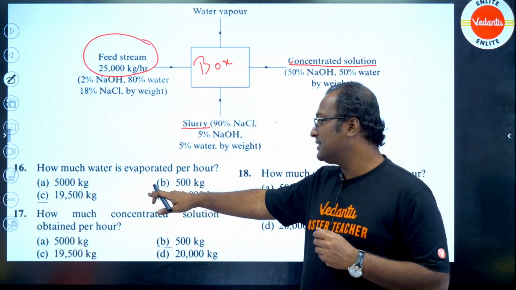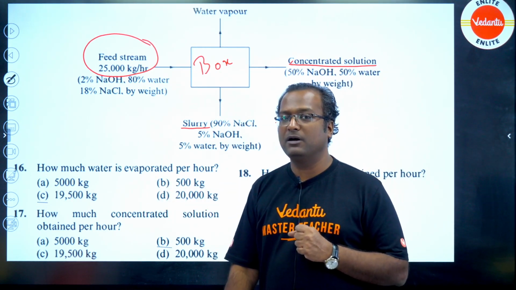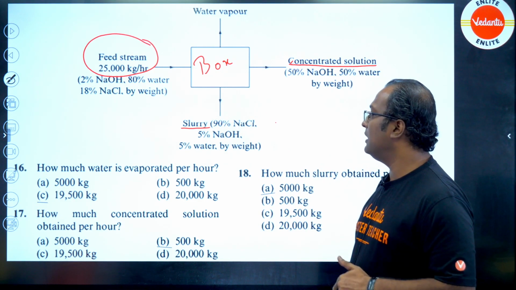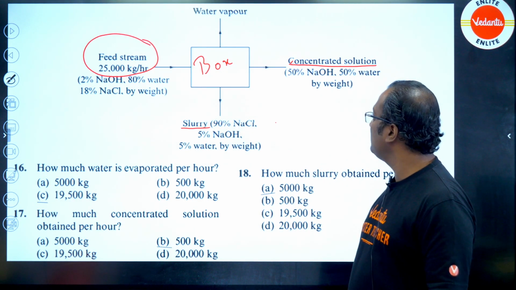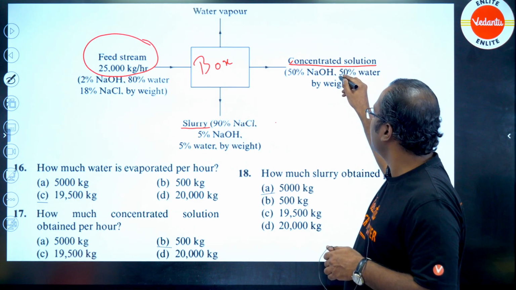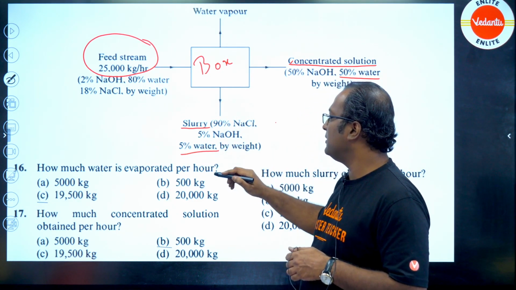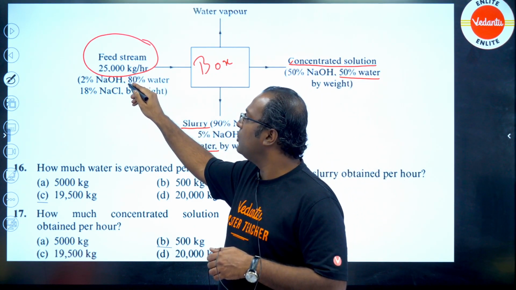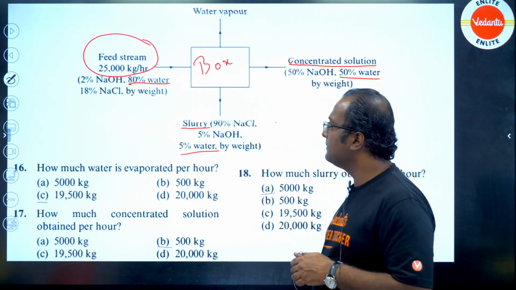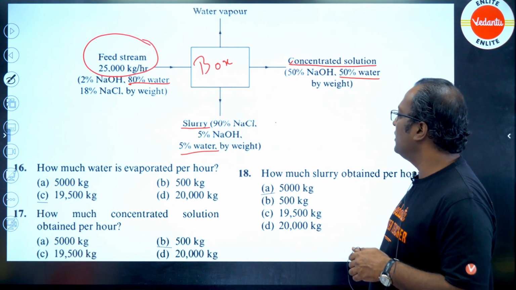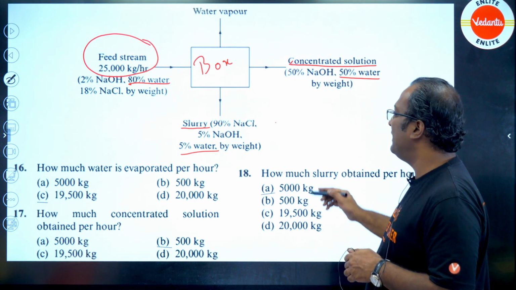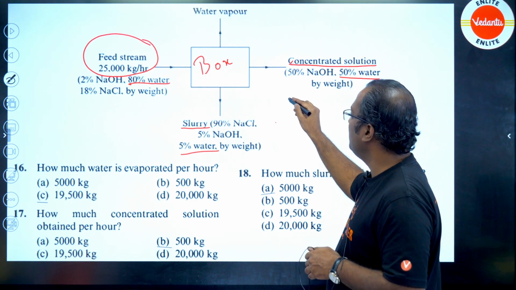The first question says, how much water is evaporated per hour? So let's find where all we see water. We see some water here 50%, some water here 5%, and some water here as 80%. If I want to apply mass balance on water, what will be my mass balance?